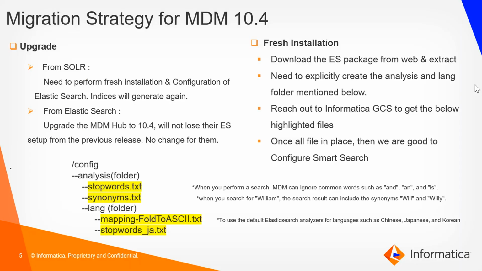Next is the migration strategy for MDM 10.4. As we are all aware, MDM 10.4 has been released, so some customers might be performing an upgrade. In upgrade scenarios, if someone is coming from the Solr platform, we need to do a fresh installation of Elasticsearch and regenerate the indices on the Elasticsearch side. But customers who are already using Elasticsearch can simply upgrade to the MDM Hub 10.4 platform, and they will not lose their existing Elasticsearch setup.